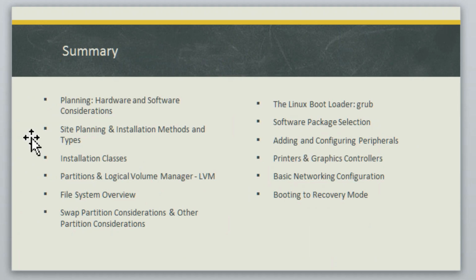So in summary, guys, we went over planning hardware and software considerations, site planning, installation methods and types, installation classes, partitions and logical volume manager, also known as LVM, file system overview, swap partition considerations and other partition considerations, the Linux bootloader, which is known as Grub, software package selection, adding and configuring peripherals, which are printers and mouse and keyboard and things like that, printers and graphic controllers, basic networking configuration, and booting to recovery mode.